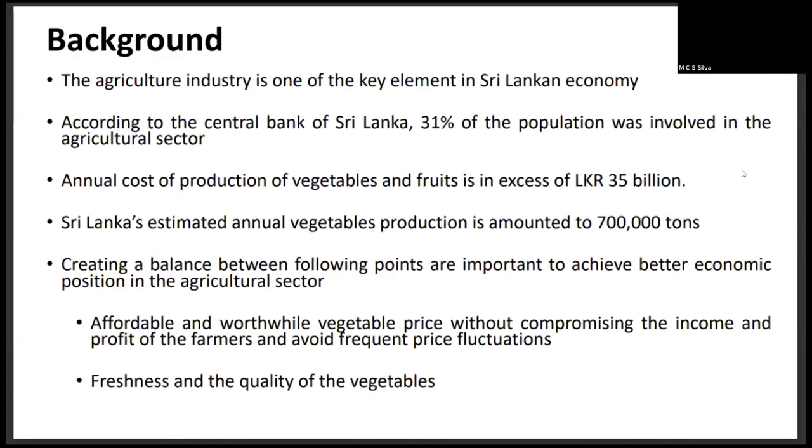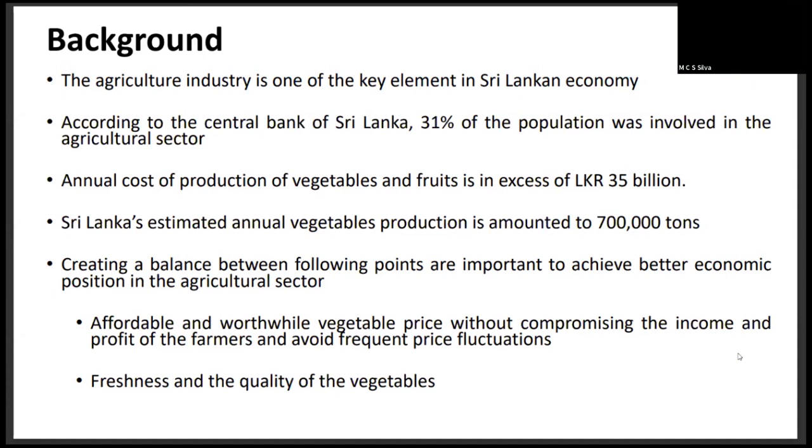The background: the agriculture industry is one of the key elements in the Sri Lankan economy. According to the reports, 31% of the population is directly or indirectly involved in the agriculture sector. The annual cost of production of vegetables and fruit is LKR 35 billion, and the annual vegetable production amount comes to 700,000 tons.